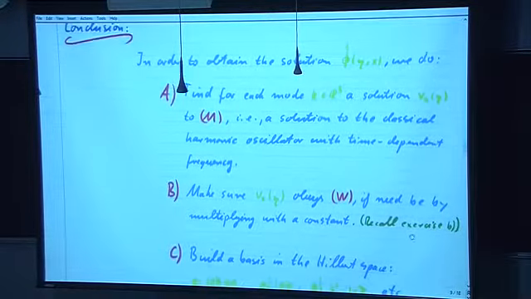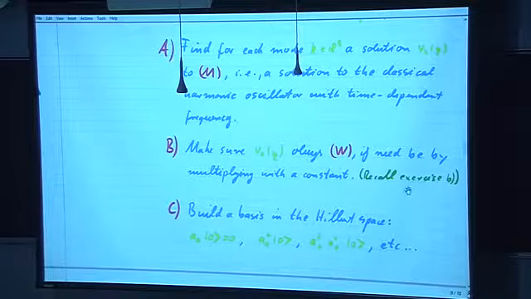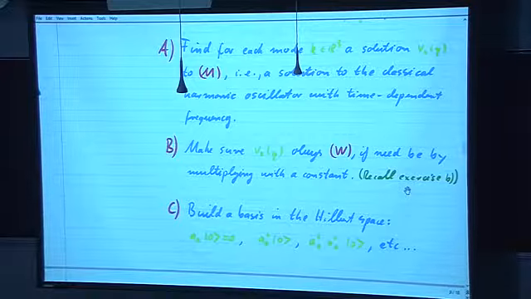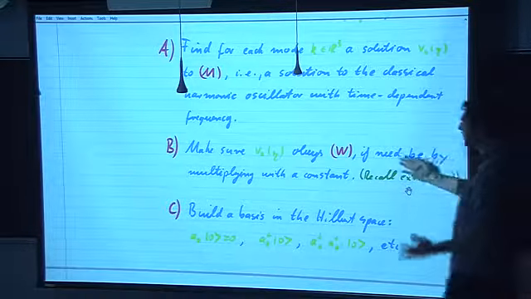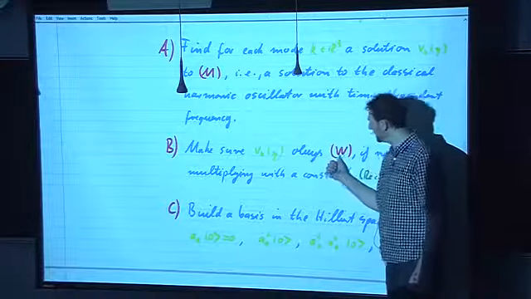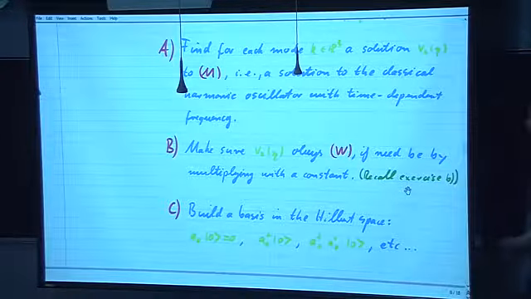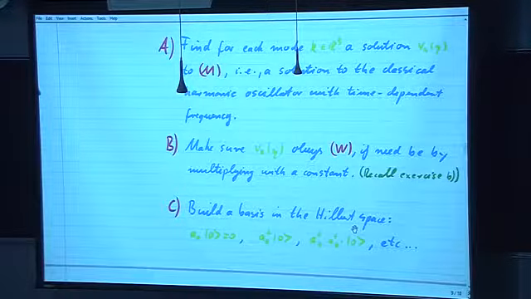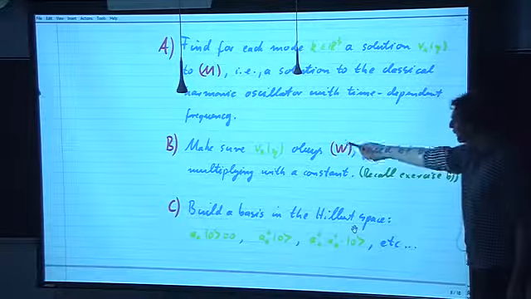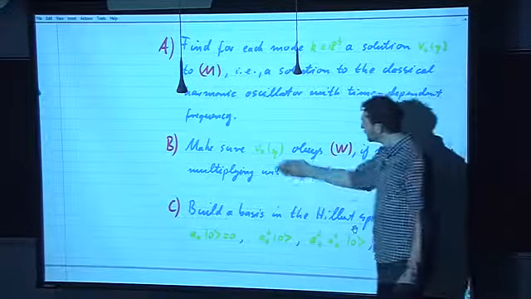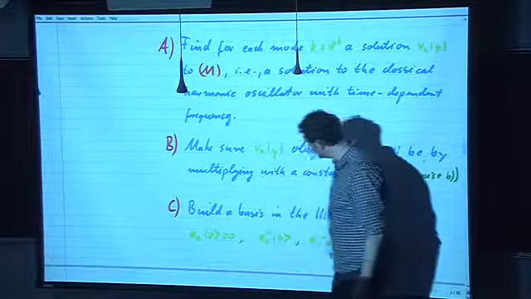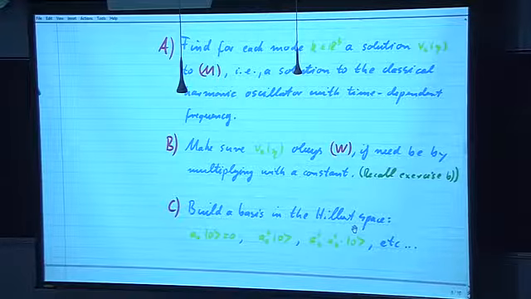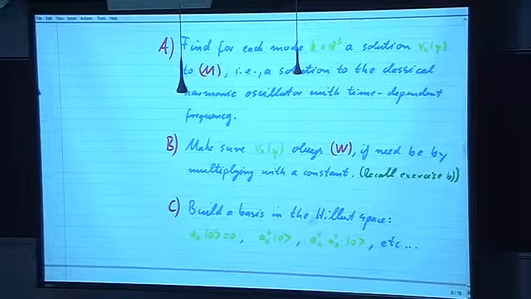Then we make sure that the mode function obeys the Wronskian condition, if need be, multiplying with a constant, because remember that the Wronskian condition is sort of a normalization condition. And once we have for every mode its mode function, then we can use the associated a and a dagger operators to build our Fock basis, and we know it's an orthonormal basis of the Hilbert space, and we are ready to go, can calculate whatever we want.